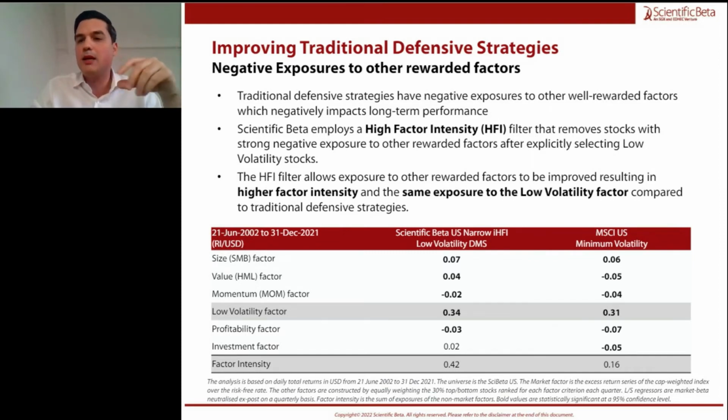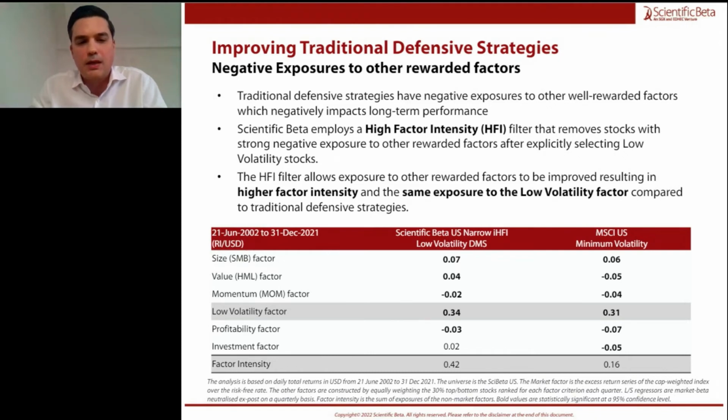But at the same time, from this stock selection approach, you check the stocks and you remove those that have a very low or a very negative factor exposure to the other well-rewarded factors. So you end up with a universe of stocks that is able to give you a very strong low volatility exposure, but at the same time is not suffering from negative exposure to the other factors.